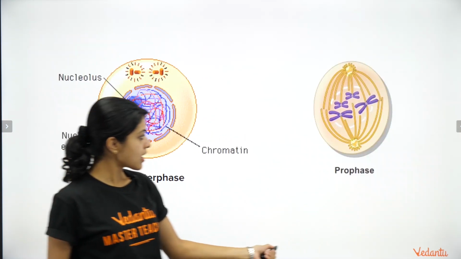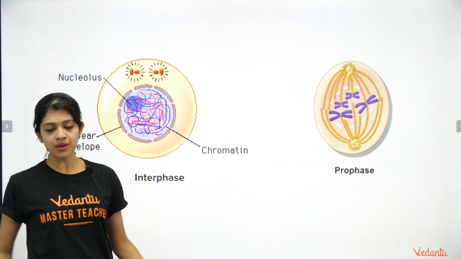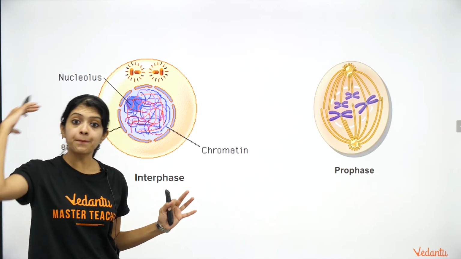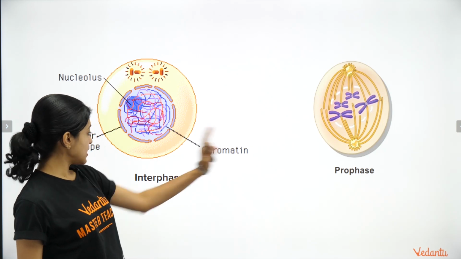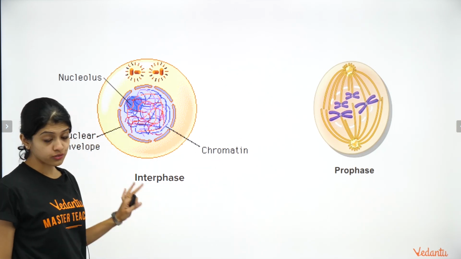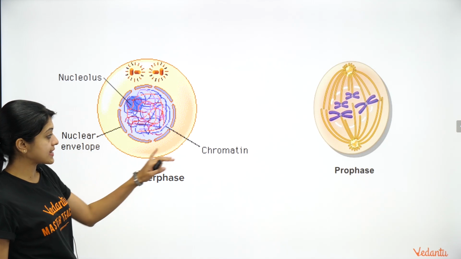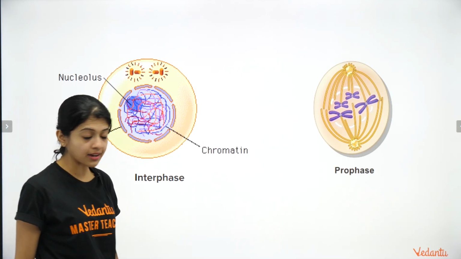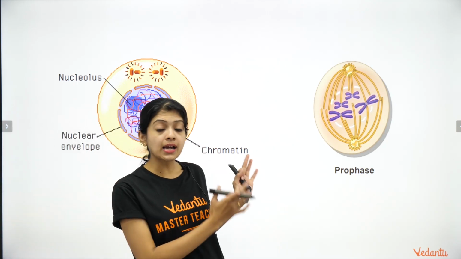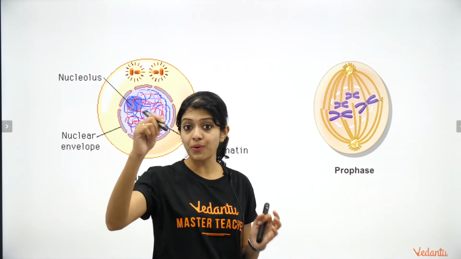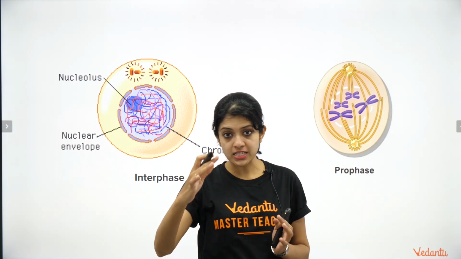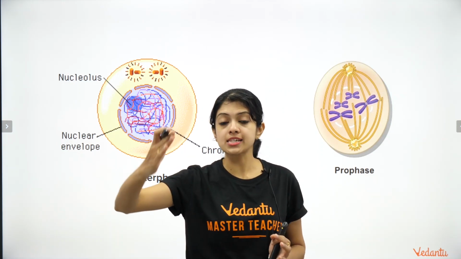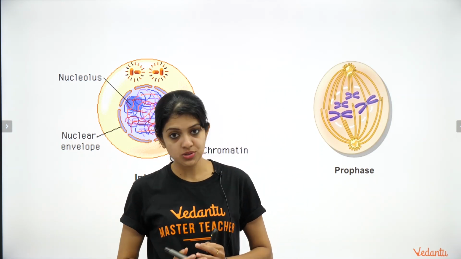So again, just to emphasize and to bring back what we have done in the previous sessions, I have put these two images. This is a picture of a cell in interphase. Like I said, you can see the chromatin here. By the time a cell completes interphase, remember G1, S, G2, right? By the time a cell completes G2, it is ready to enter prophase of mitosis, right?